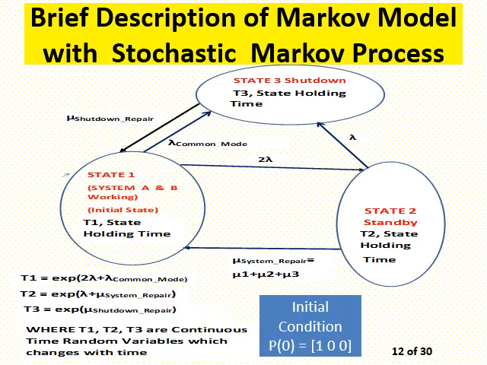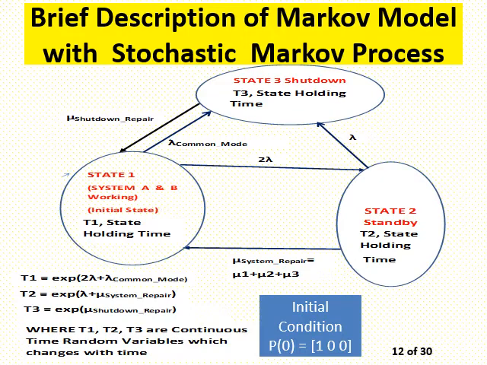In this slide, we describe the stochastic Markov process, which is the essential component of Markov. You can see that the system enters state 1, the initial state, as we can see from the initial condition, and it spends an amount of time called the holding time.